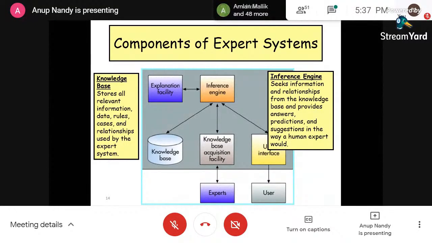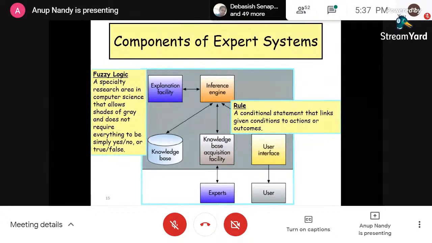The antecedent part is an if-then rule: if the first thing is true, then the next thing will be true or false based on this criterion. The first part is called the fact. This fact value has to be matched with the knowledge base data. If it matches, then only this rule will fire. If it does not match, you have to look for other rules.